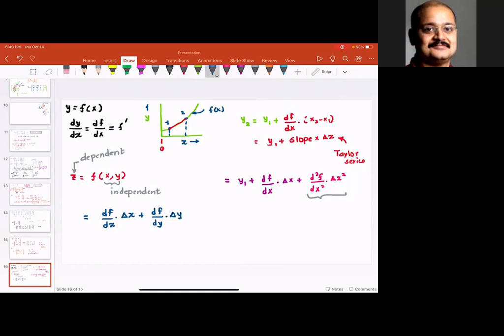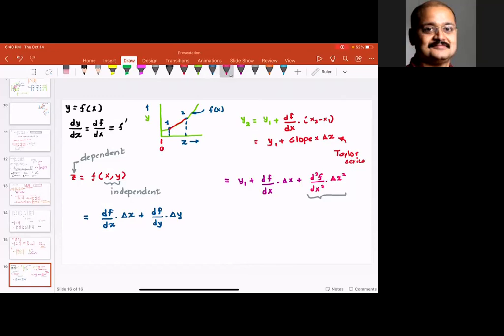Do you agree with me? This is the Taylor series expansion when your function is dependent on two independent variables. Everyone understood this? But here, my approximation is only first order. So for example, I'm taking the derivative only once.